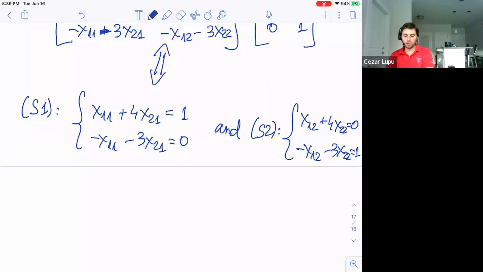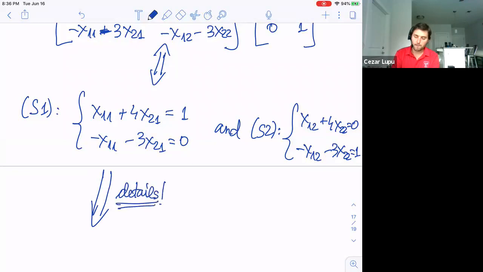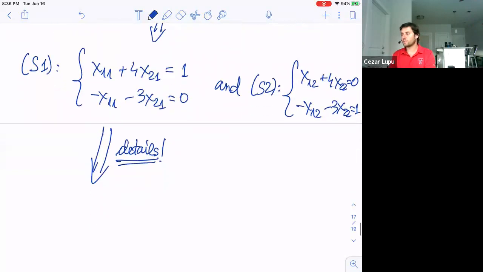We need to solve them. Anyway, I'll leave the details to you. So solving the system one, we'll get the solutions x11 equals -3 and x21 equals 1.